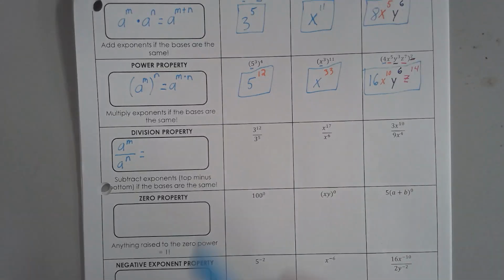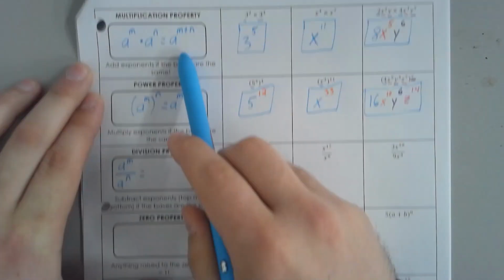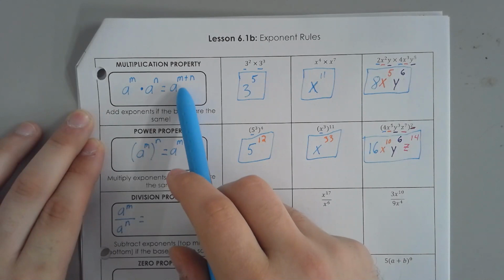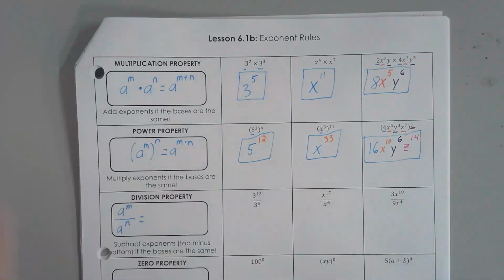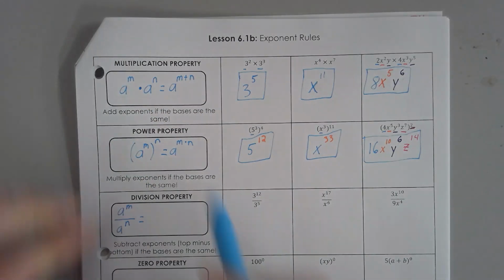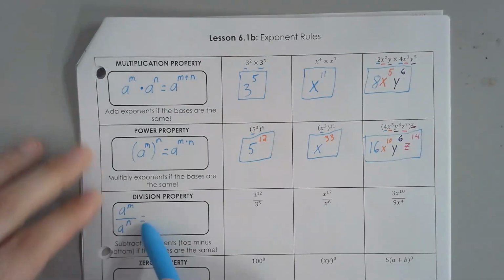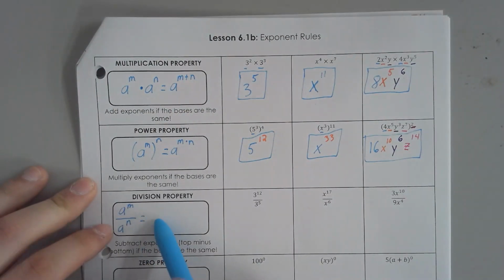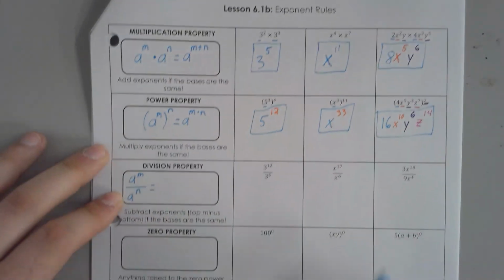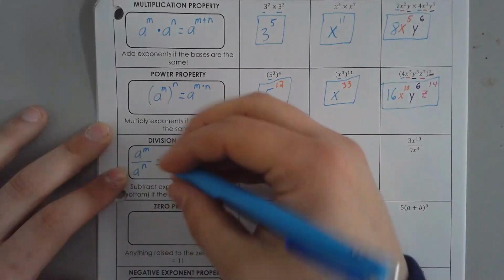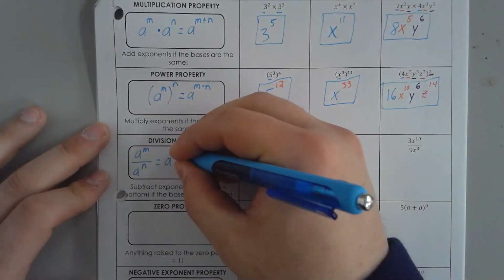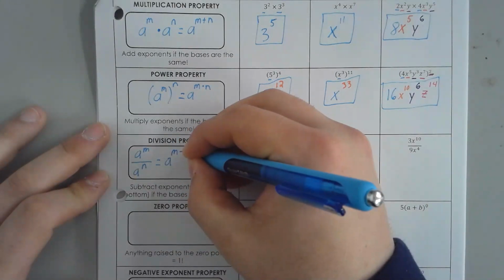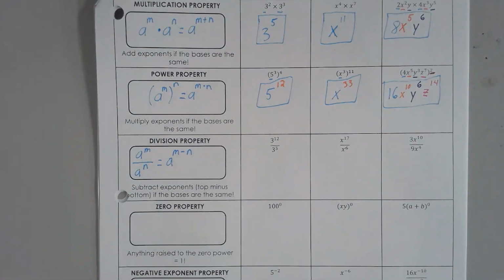Multiplication. So up here for the multiplication property, we added our exponents, right? So if division is the opposite of multiplication and we added our exponents, what do you think we're going to do with our exponents here? We're going to subtract them because division is the opposite. So that would be equal to A to the m minus n.